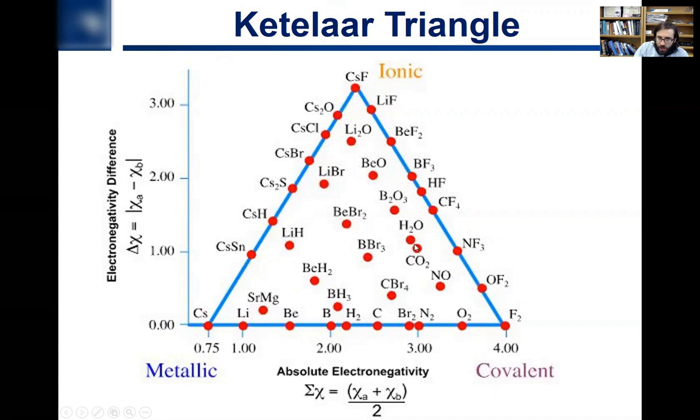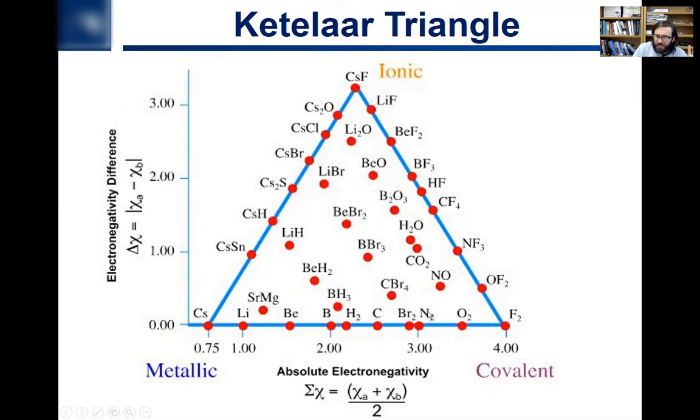Examples would be BBr3, water, and probably boron trioxide falls in this category. Yeah, I believe it does. Carbon dioxide, and then as you get lower here, some people might call these more nonpolar, like nitrogen monoxide or carbon tetrabromide.